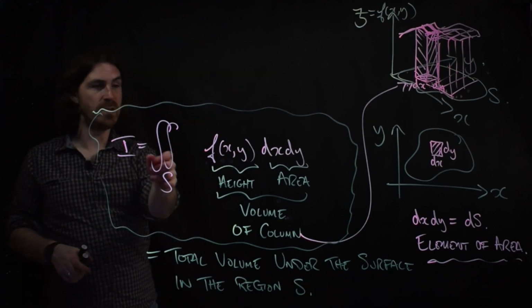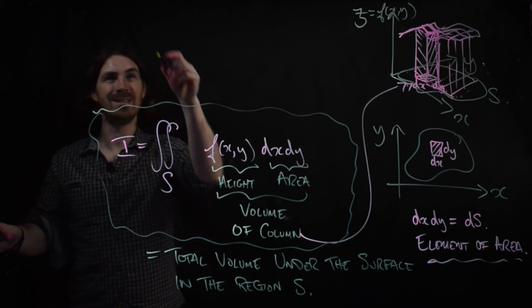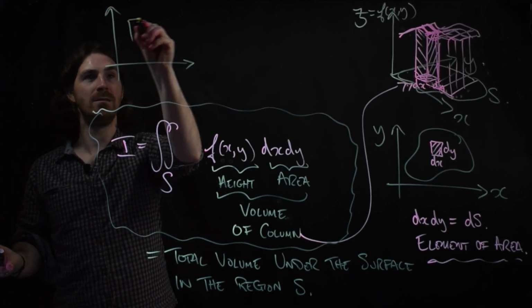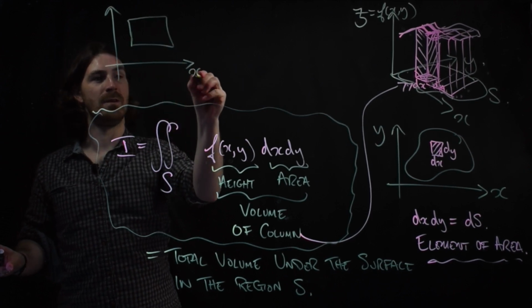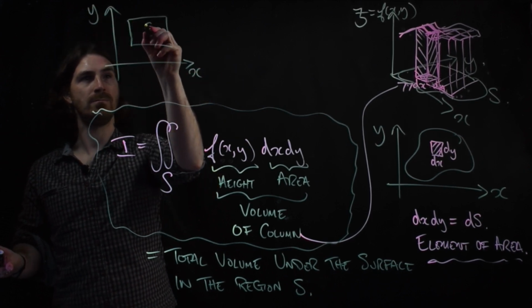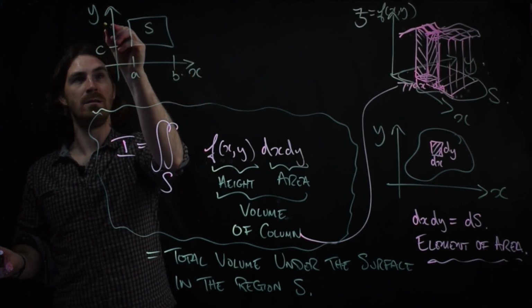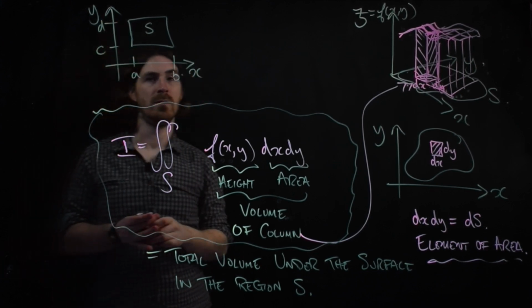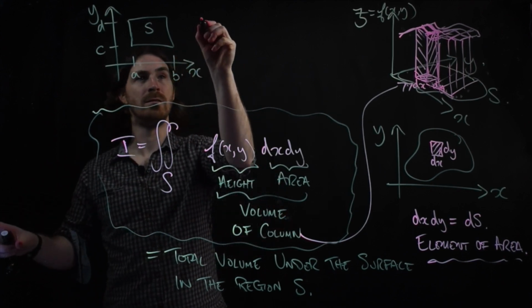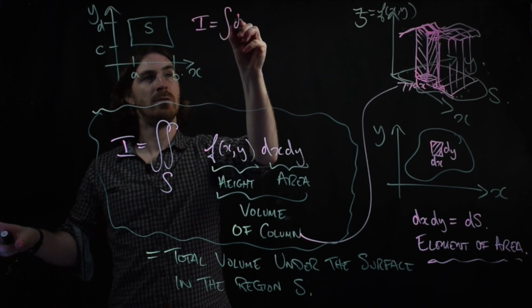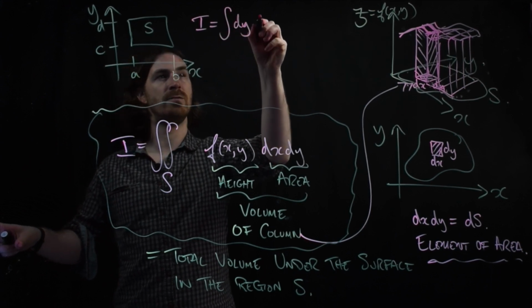So what is this region S? Well, it's easiest to choose S to be a rectangle in the xy plane, maybe from A to B, C to D. In this case, we can write I as the repeated integral, where we do the integral over x first.